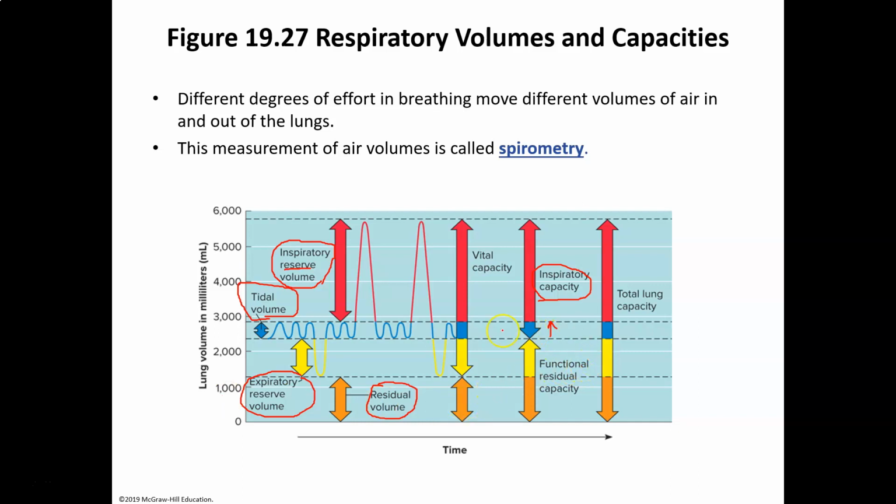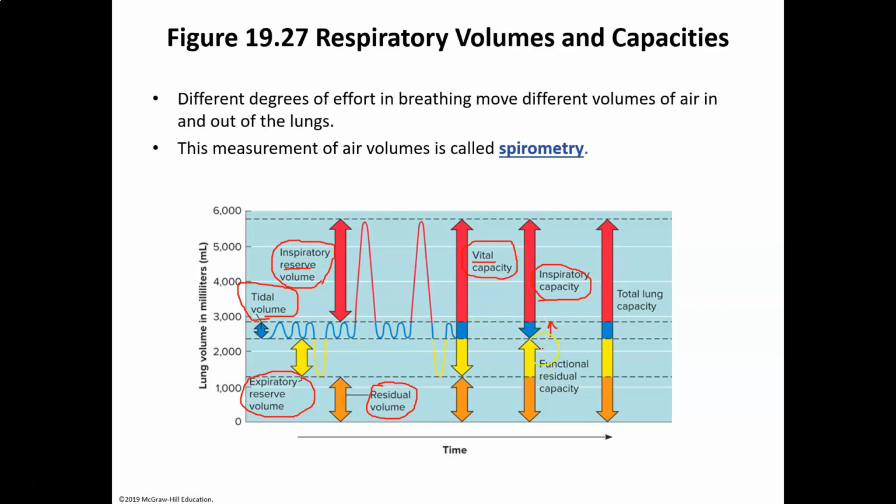All right, so now this term called vital capacity, that's the air that you can get in and out of your lungs. That's not the total lung volume or total lung capacity. Vital capacity means that's the air that I have access to functionally.